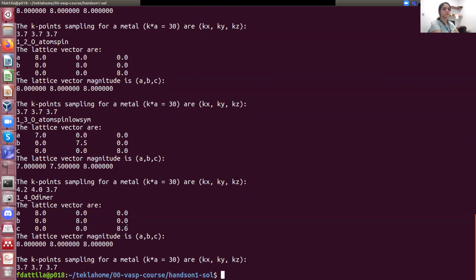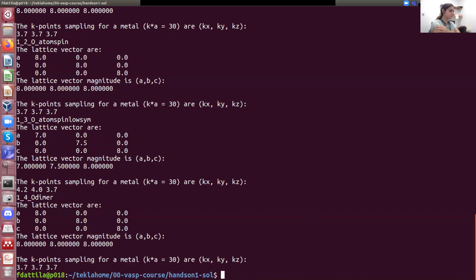If you put carbon and oxygen a bit tilted, then it's much better because your algorithm will start moving the CO to look for the minimum. But if you put it very symmetric, then you will not be able to move. So maybe VASP will tell you, look, this is the lowest energy configuration, but it's not. And then you make a mistake, okay?